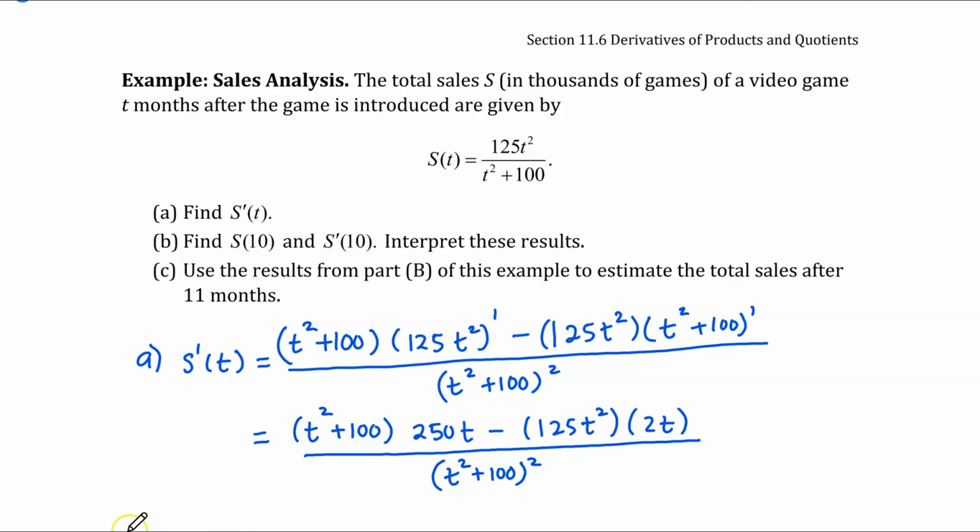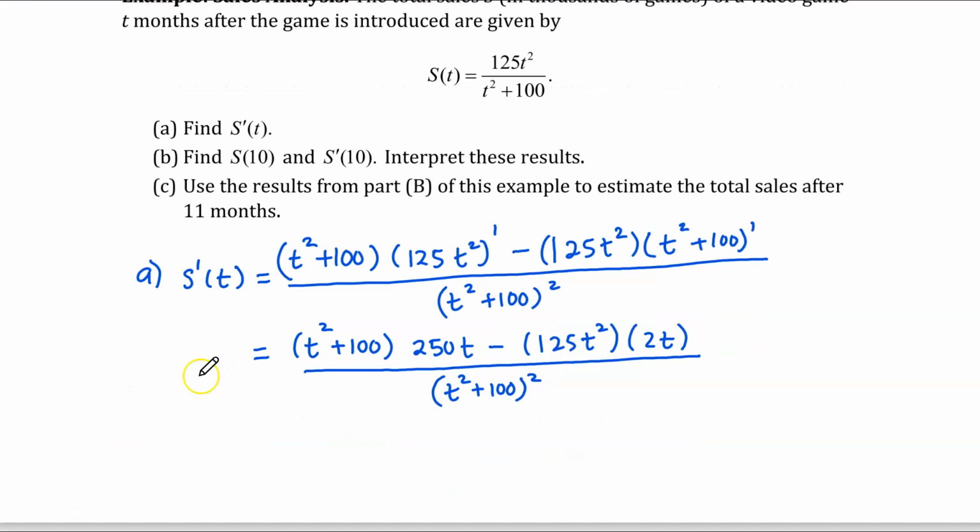That's the derivative. So for letter B, we want to find s of 10 and also s prime of 10. So s of 10, that means replace t here by 10. So you have 125 times 10 squared divided by 10 squared plus 100.